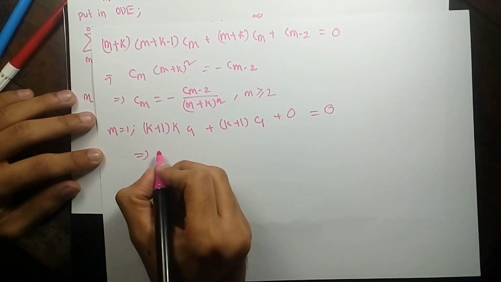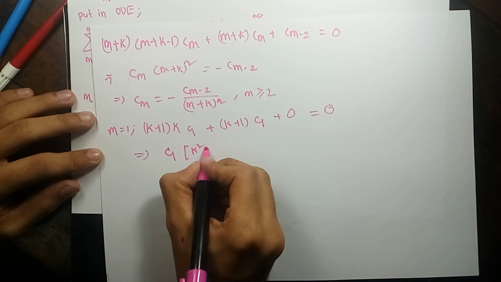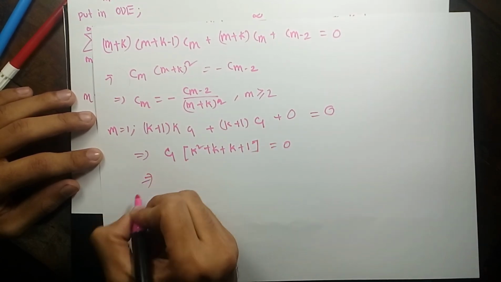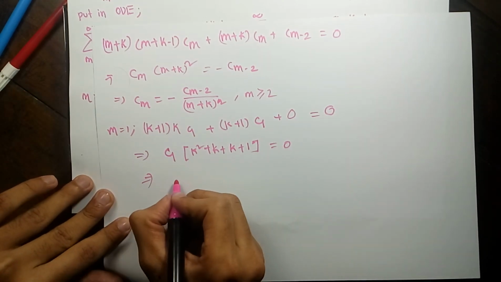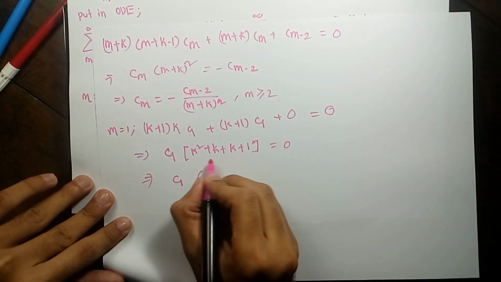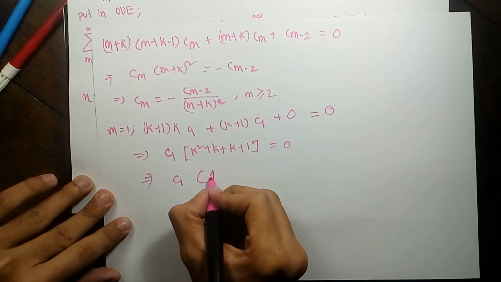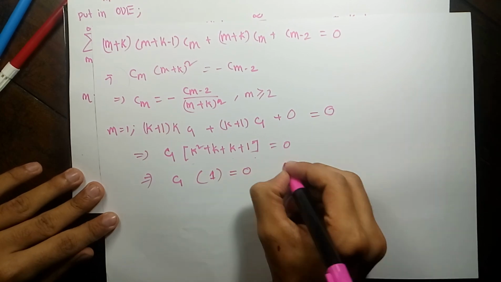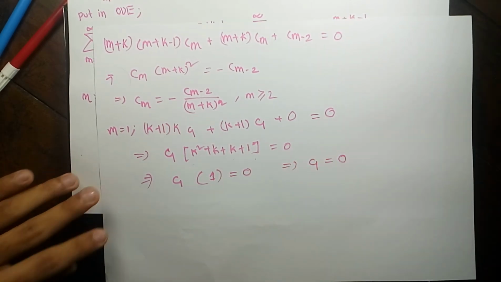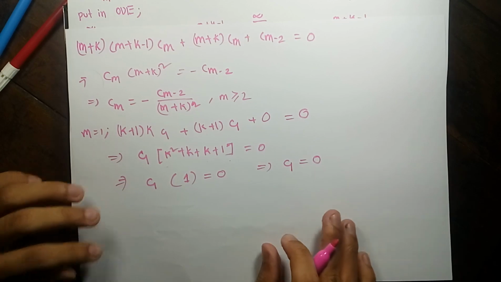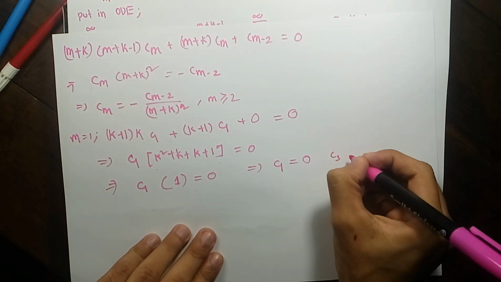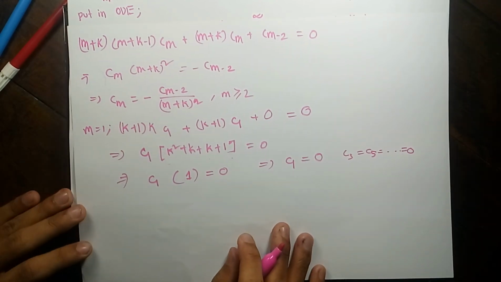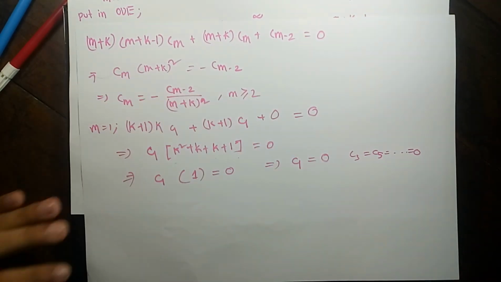So that gives C1, and if I take it common, k square plus k plus 1 equals to 0. You can see for both values of k, this bracket term has the value simply 1 because the k value is 0, and then this equals to 0, and so C1 must equal 0 because this is not 0. If C1 equals to 0, C3 equals C5 equals C7, and all of the odd terms equal 0 due to this recurrence relation.